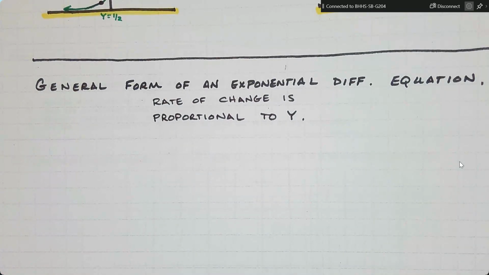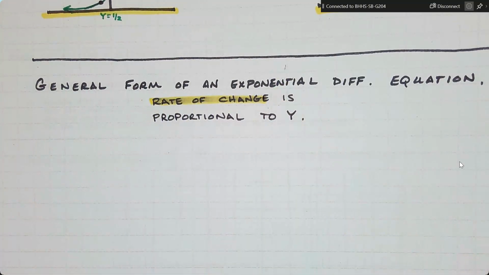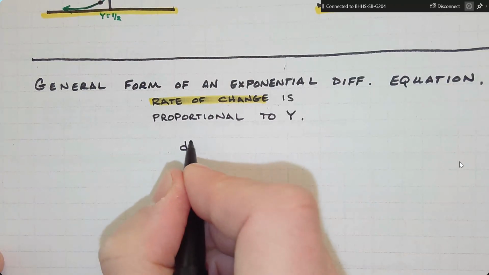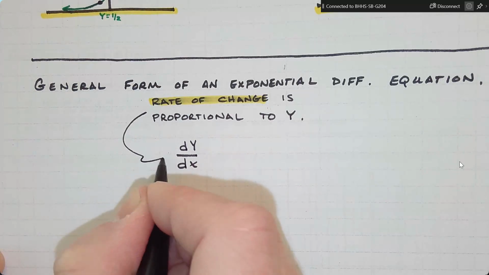There's a whole family of functions in which the rate at which it's changing is proportional to the y value. So I'm going to start with this. When we see rate of change, you guys know what to write. That's your dy/dx. Right? This is telling me this.